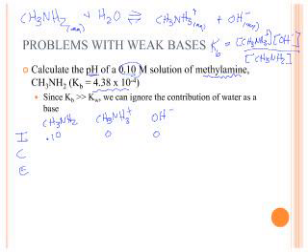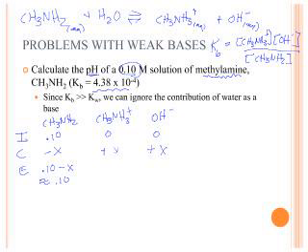How will the concentration of the methylamine change? Minus X. The others will change by plus X. And so the equilibrium concentration of methylamine is 0.1 minus X. What are we going to assume about X? Less than 5%. And so we're going to say that 0.10 minus X is approximately 0.10.